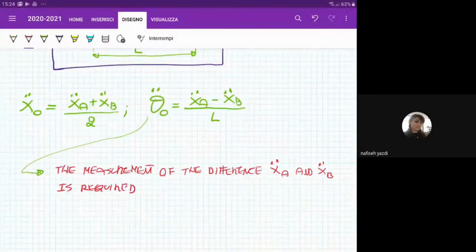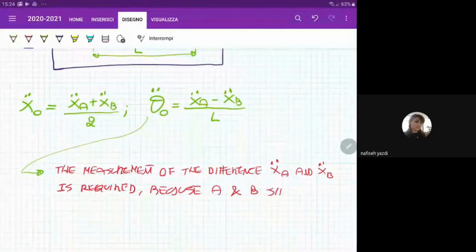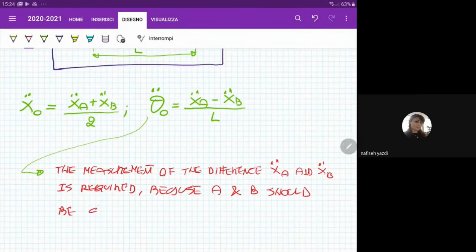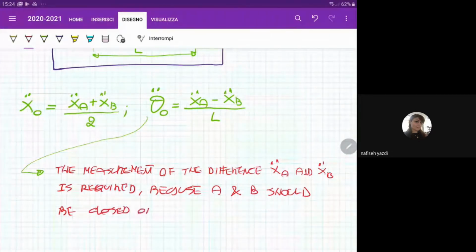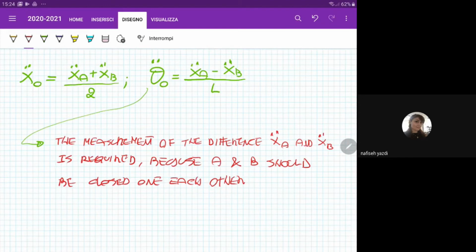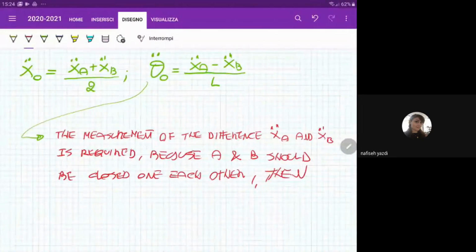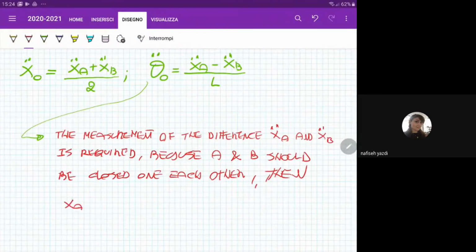But that means from the equation that because A and B should be close to each other, because they have to measure the same acceleration point, okay, then what is happening is that xA double dot is practically the same as xB double dot, okay?